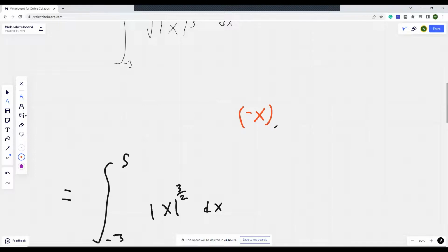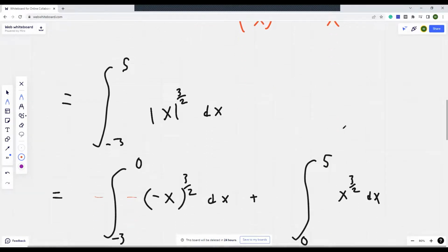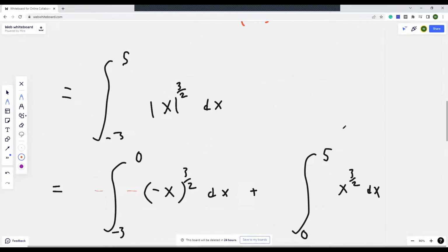You've got minus x on one side of the y-axis and simply x on the other side, so we split it up like this: minus x to the power 3 over 2 on one side, x to the power 3 over 2 on the other. The one goes from -3 to 0, the other goes from 0 to 5.